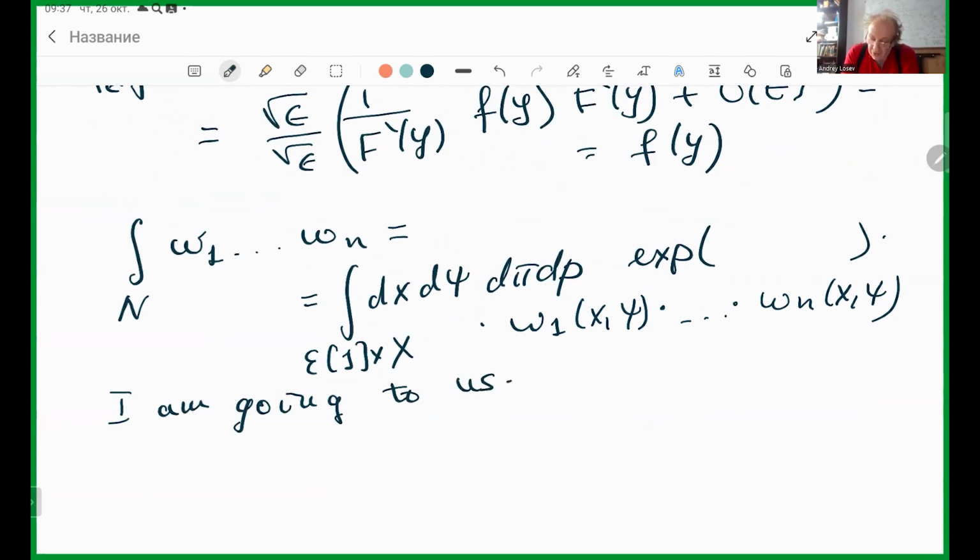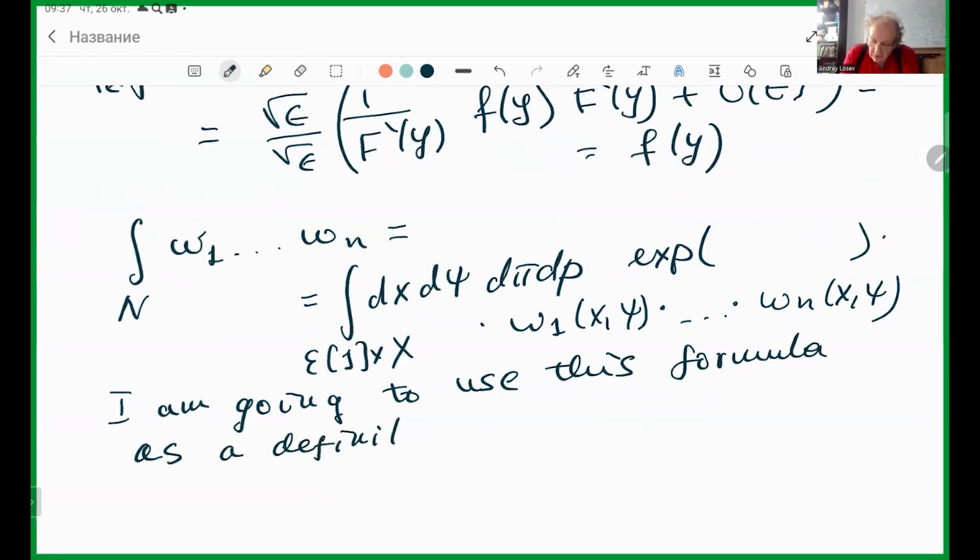I'm going to use this formula as a definition of the right-hand side.